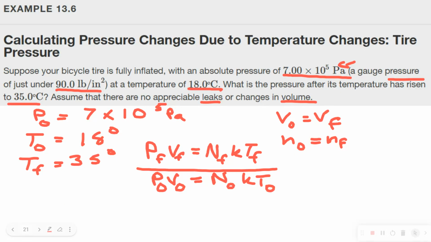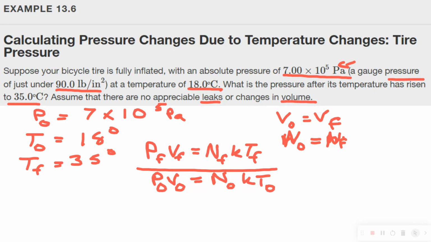Now the interesting thing about this is we said that the volume is basically the same, right? So they're constant. So now if the volume is constant, and also if our number of particles are the same, I wrote down Avogadro's. I meant to make this a capital N, so just make this a capital N, right?